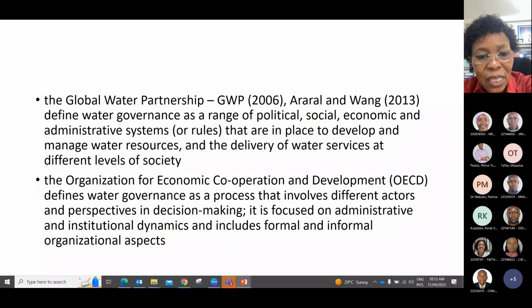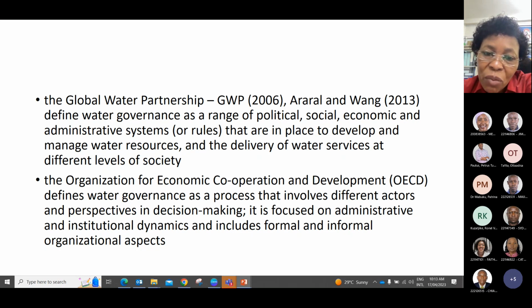But then the OECD defines water governance as a process that involves different actors and perspectives in decision making, and it is focused on administrative and institutional dynamics and includes both formal and informal organizational aspects.